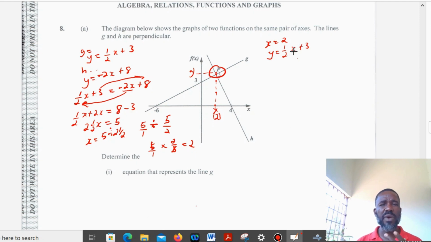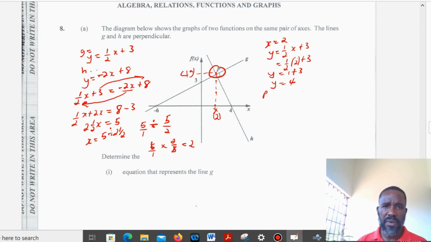Anywhere I see x, I'm going to substitute it with 2. So half of 2 plus 3, half of 2 is 1. So 1 plus 3 will give us 4. So y is equal to 4. So what is the coordinate of P? P is equal to 2 on the x and 4 on the y.